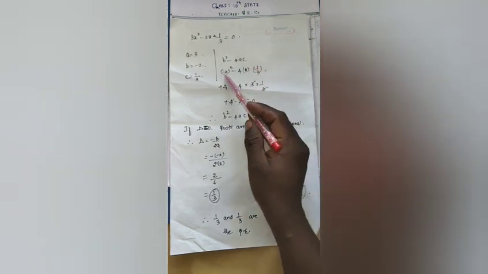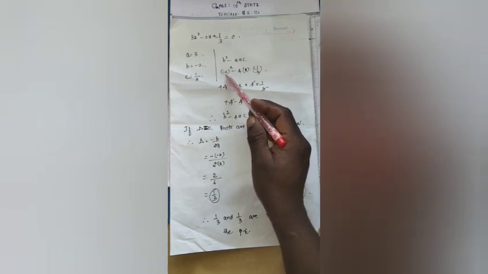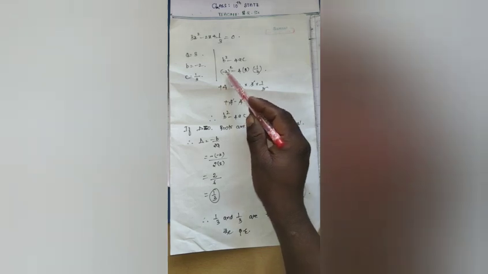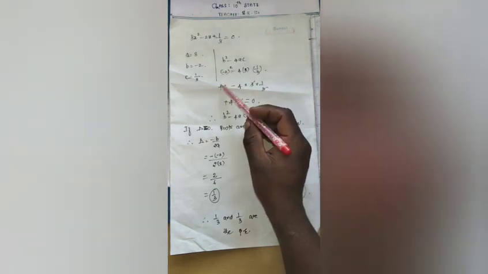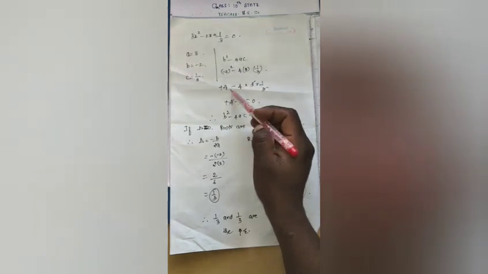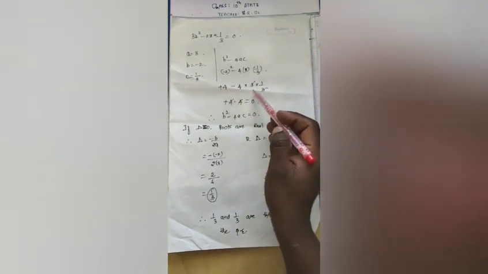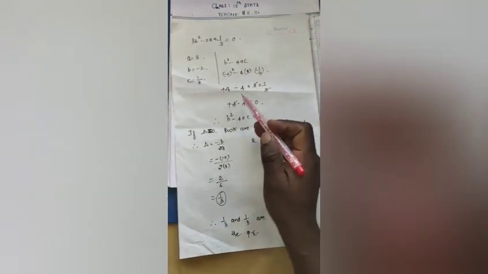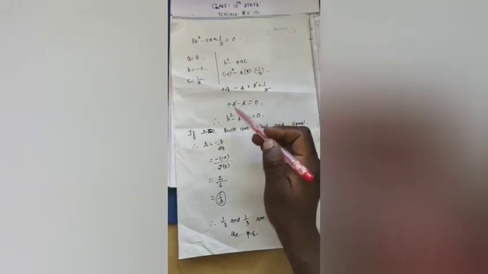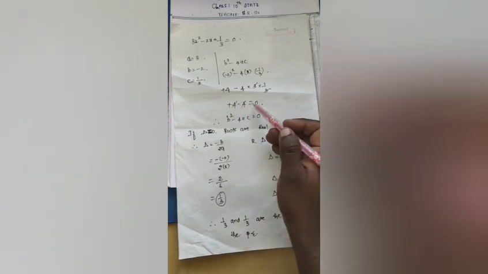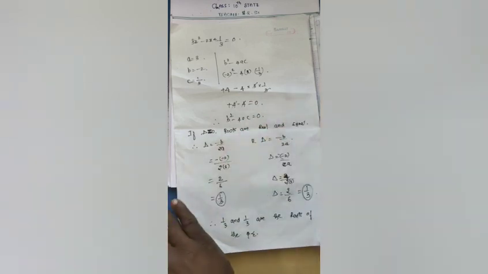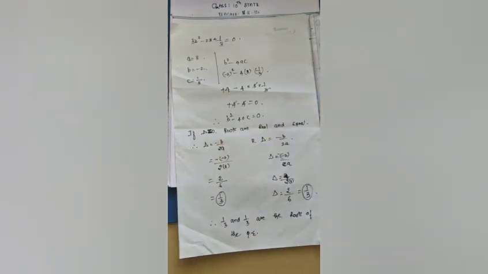So here, when we multiply minus into minus we get plus, so minus 2 whole square becomes plus 4, minus 4 into 3 into 1 by 3. The 3s get cancelled, then remaining plus 4 and minus 4 is equal to 0. Therefore b square minus 4ac equals 0.